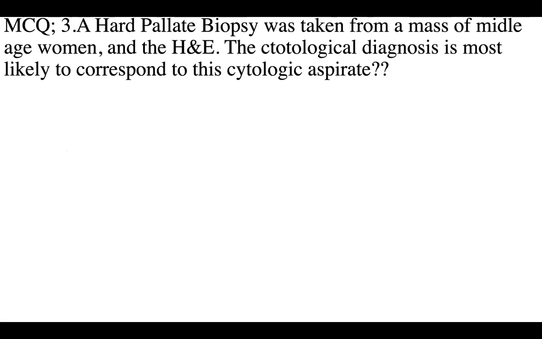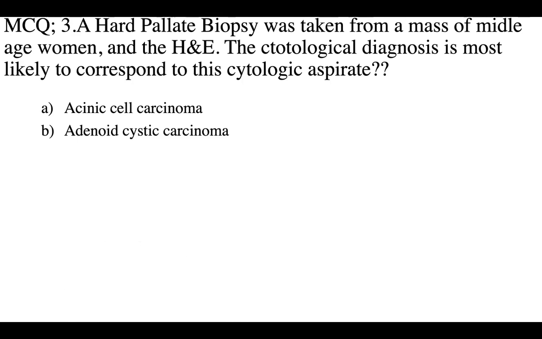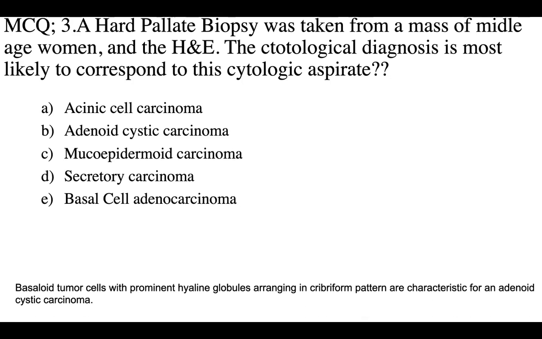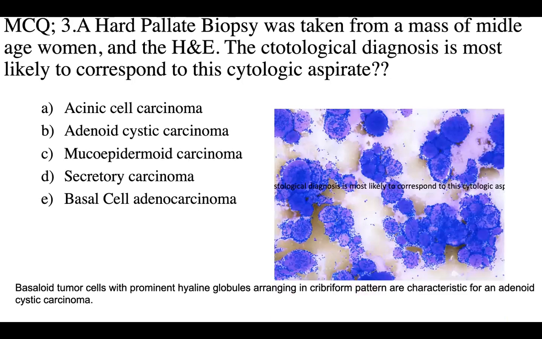Another MCQ: in the hard palate a biopsy was taken. The cytological diagnosis most likely to correspond to this cytological appearance: adenoid cystic carcinoma, mucoepidermoid carcinoma, basal cell carcinoma. In this aspirate you can see the metachromatic area surrounded by basaloid cells, and these basaloid cells comprise epithelial and myoepithelial cells.